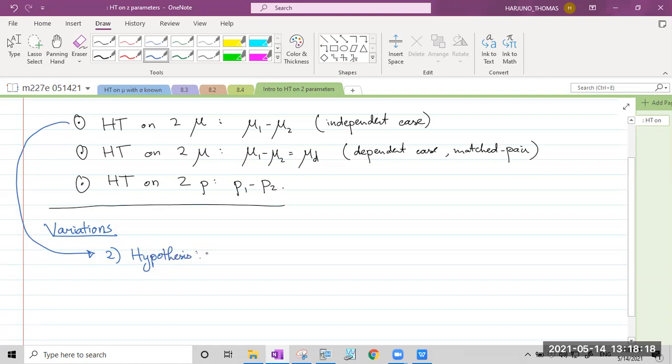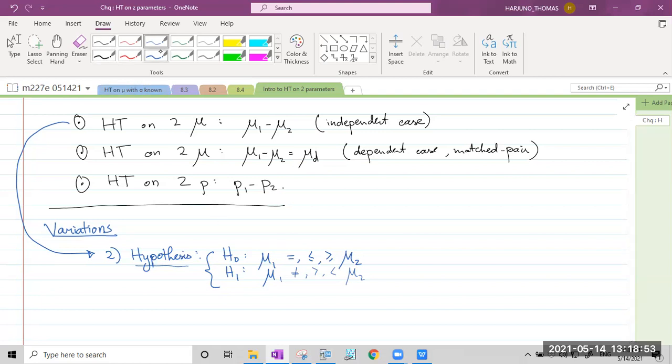Instead of comparing the population mean against a certain number, we are comparing two population means. Is equal to, less than or equal to, greater than or equal to another population mean. Now the problem with this hypothesis is we won't have a constant.